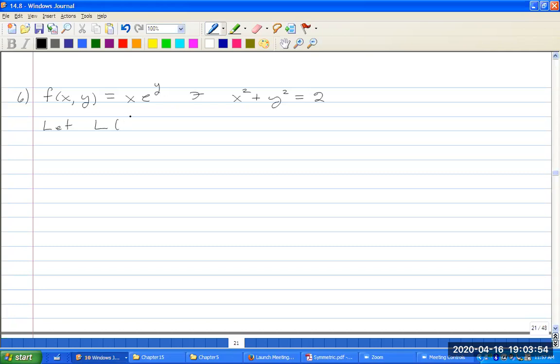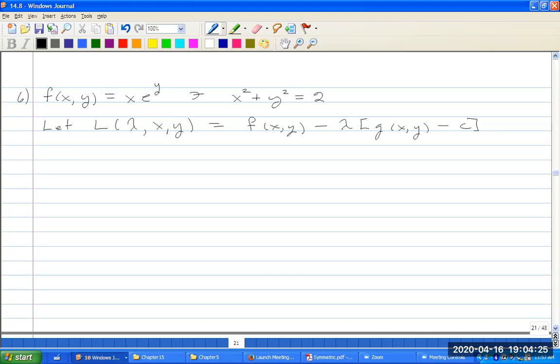L of lambda, x, y. And so I'll call this f of xy minus lambda g of xy minus c.